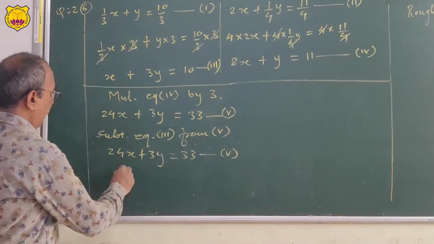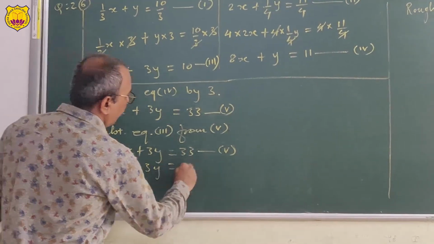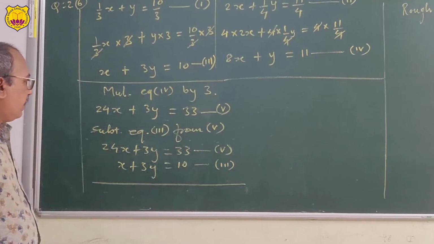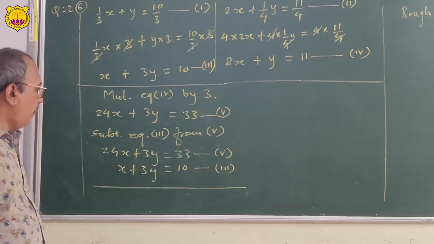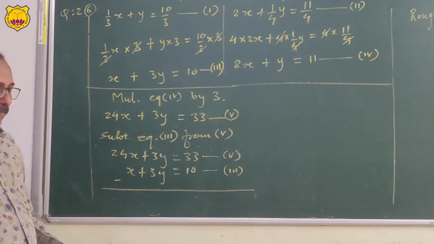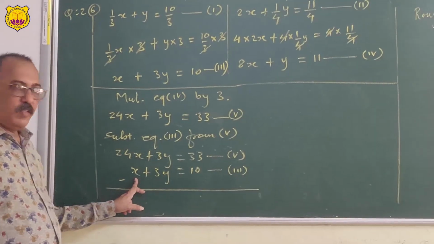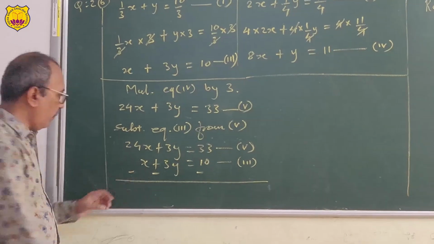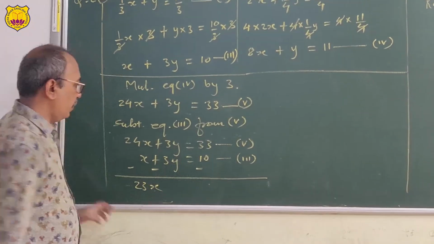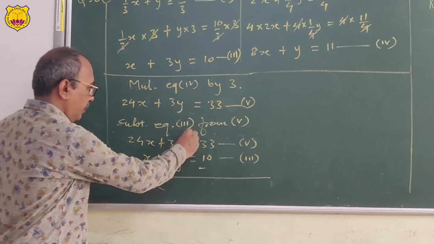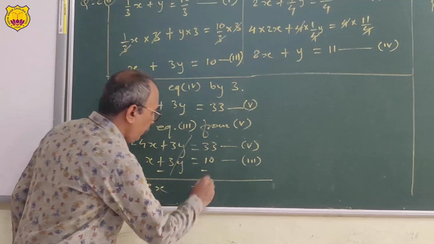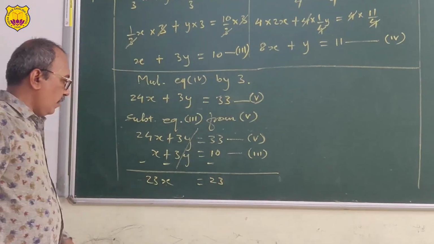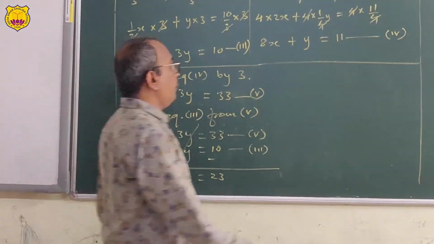And downside we write x plus 3y is equal to 10. Here we are subtracting equation 3 from 5. So we have to change the sign of this downside equation, that is the third equation, minus, and here also minus. 24x minus 1x will be 23x. 3y minus 3y will be cancelled, 0. Then 33 minus 10, 23.